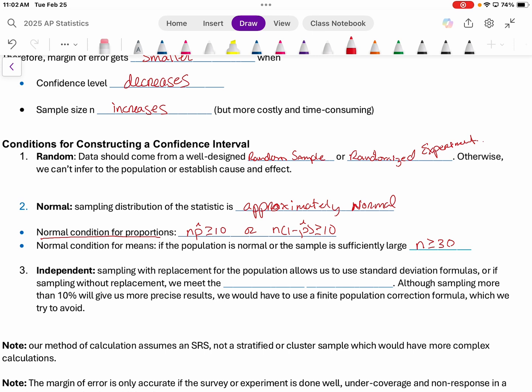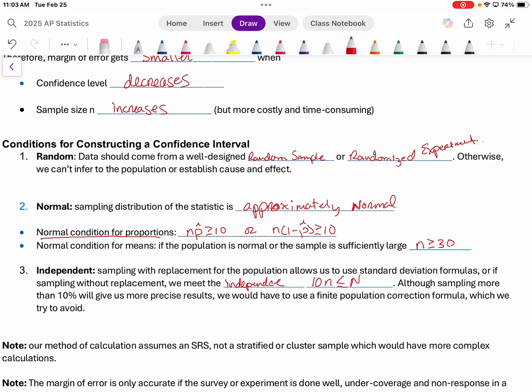Let's see, independent. Sampling with replacement from the population allows us to use standard deviation formulas, or if sampling without replacement, if we meet the 10% condition, if we meet the independence clause. Again, we've been talking about this independence, which was 10 times little n, is it less than or equal to capital N?